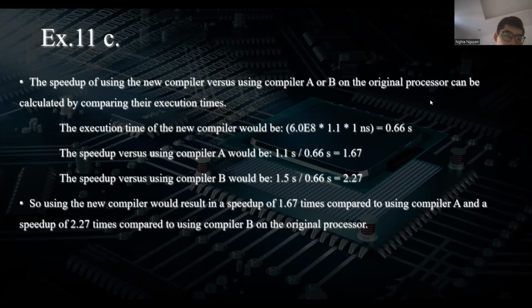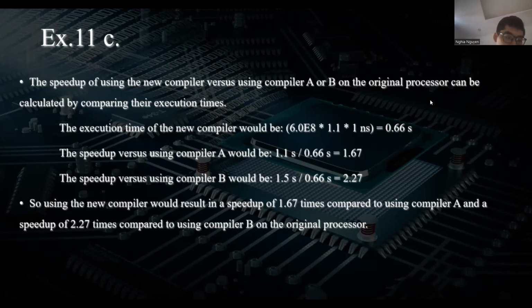The speedup using computer B would be 1.5 divided by 0.66, which equals 2.27.